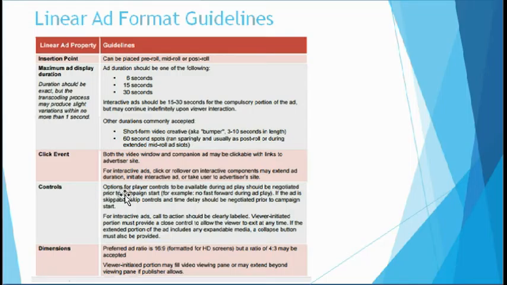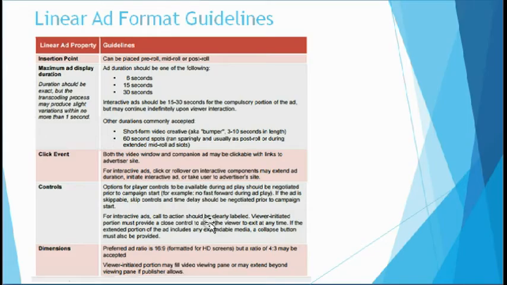The second last one is controls. Options for player controls to be available during the ad play should be negotiated prior to the campaign start. For example, no fast forward during the ad play. If the ad is skippable, skip controls and time delay should be negotiated prior to campaign start. Basically, it means that if the advertiser agrees to run the video ad on the publisher side, he should be aware of all those controls.